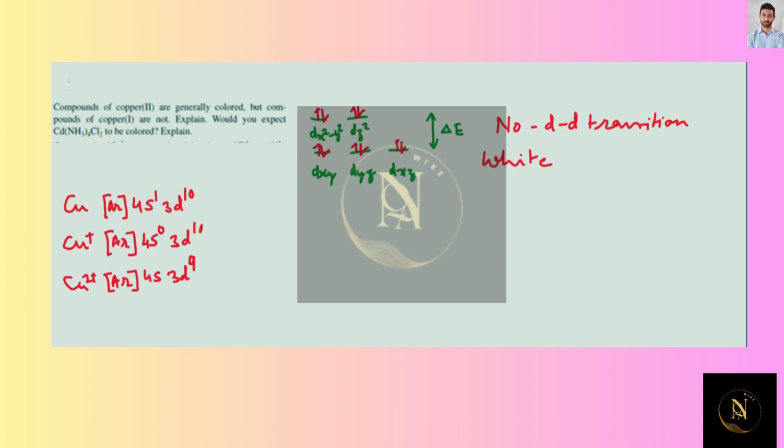And in case of cadmium, it is after krypton, that is the noble gas configuration, it should have 5s2 and 4d10.